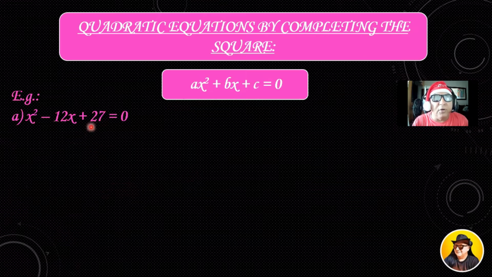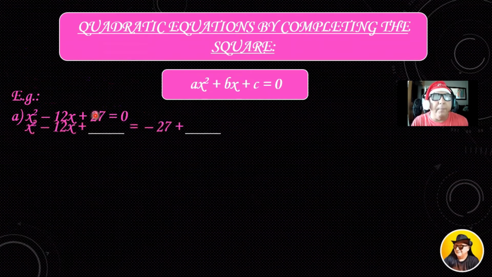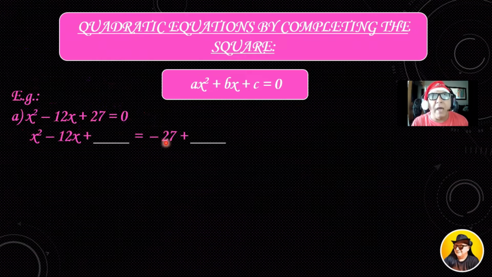Let's focus on this number, c, in our equation. This plus 27 is going to be moved to the right side of the equation, so it becomes minus 27.